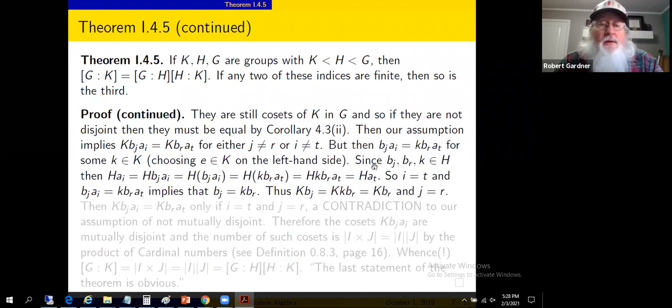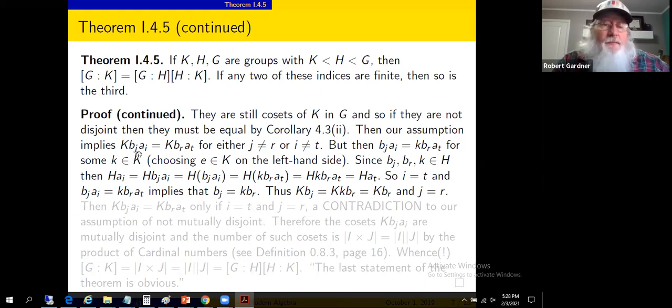But then we've got equality of these sets. Take one of the elements over here: say we just choose an element of subgroup K to produce one of these elements.